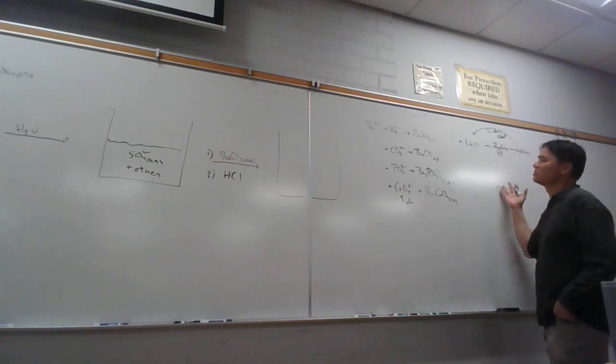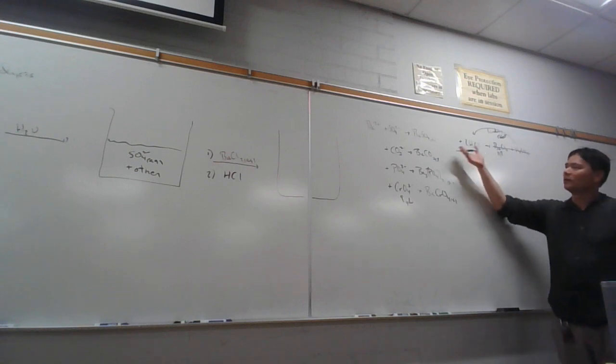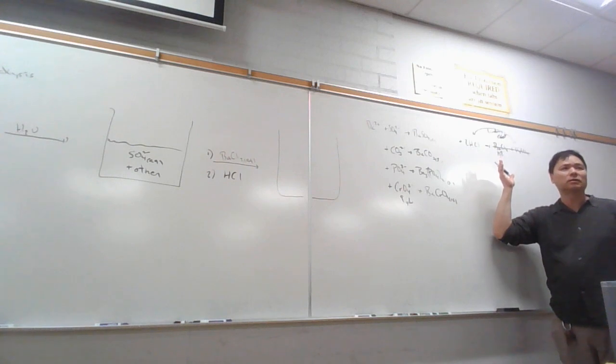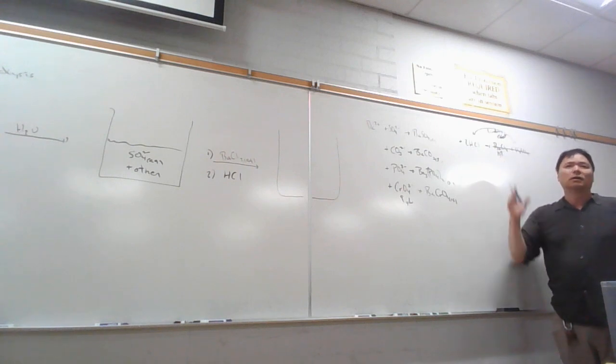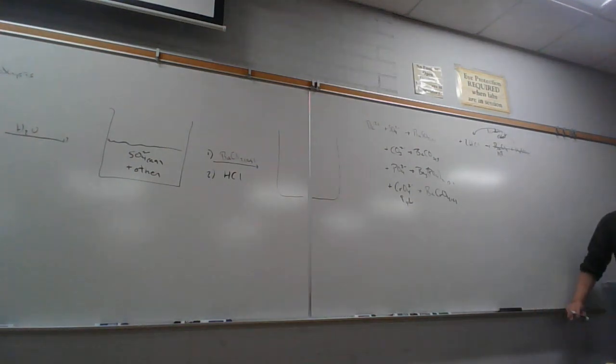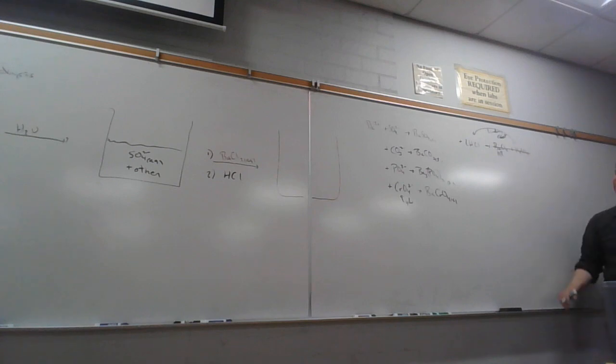There's no driving force. There's no gas formation. There's no precipitate. There's no stronger to weaker acid. And so if we put in HCl in here, we're not going to get any reaction. Does that make sense? Yes. It's a little bit tricky, but because we're going all the way to sulfuric, not bisulfate. If we're going to bisulfate, then yeah. Seems like it, but this is the way we're going to analyze it.